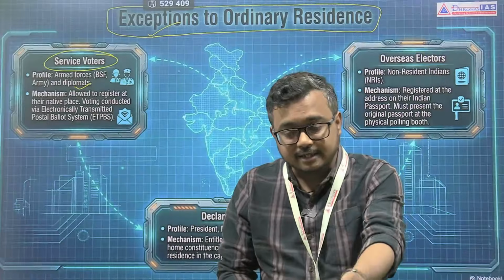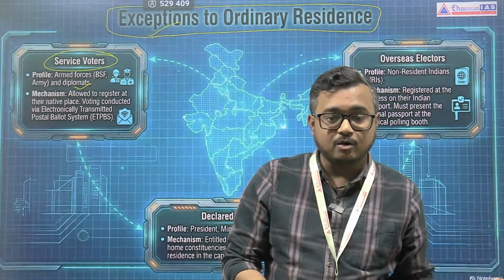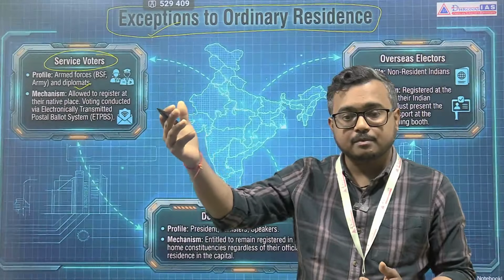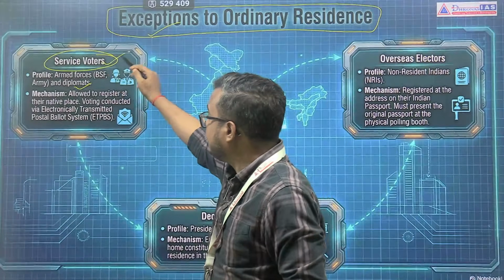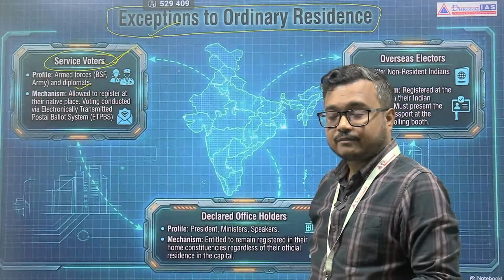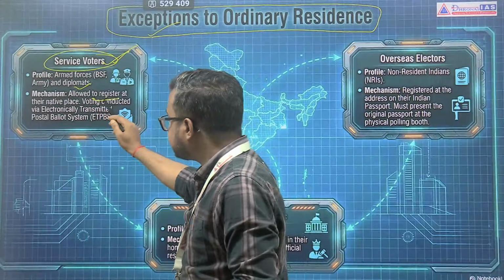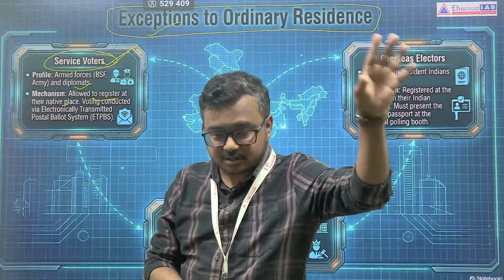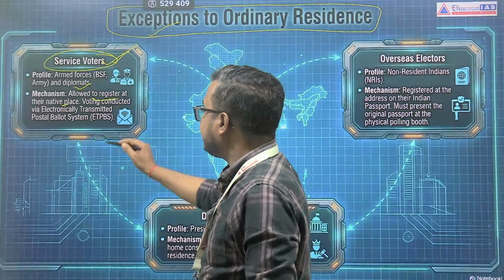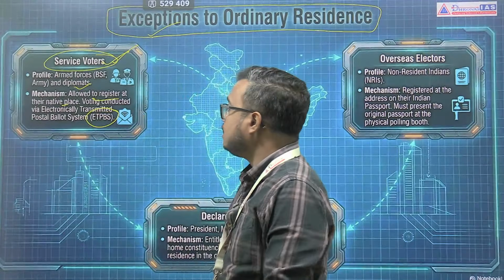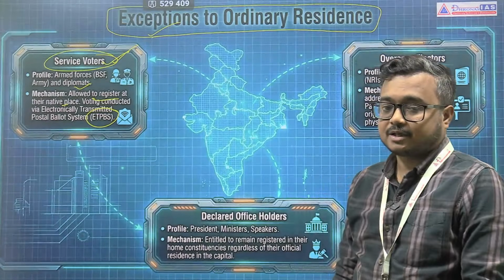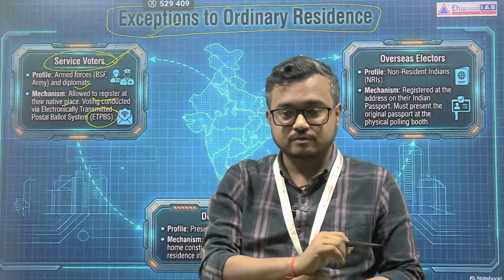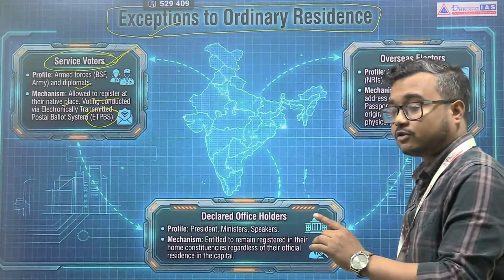So if their state is going under election right now, but they are posted in West Bengal, they cannot go to vote. So in that case, they will be considered as service voters. They can register at their native place, at their permanent address, but they can vote through the postal ballot system. They don't need to go to that place to vote, right? These are called service voters.